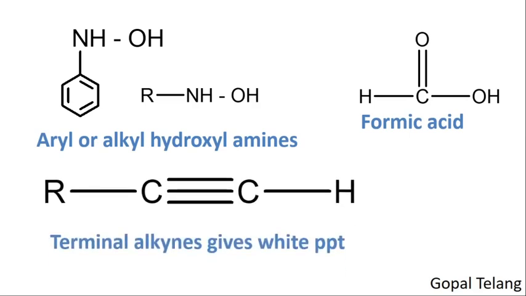These all give a positive Tollens test. Here important, formic acid gives carbon dioxide with the silver mirror, and terminal alkynes give a white precipitate. There is no reduction of silver ions.